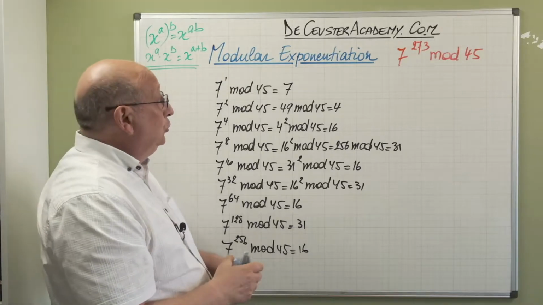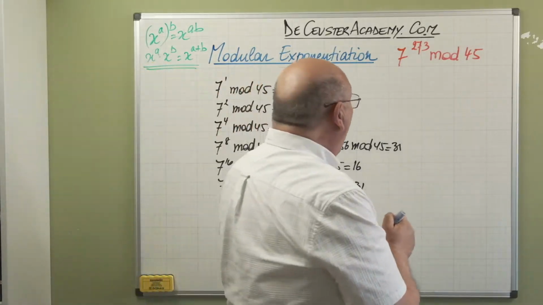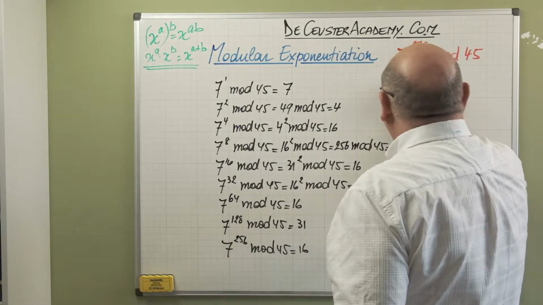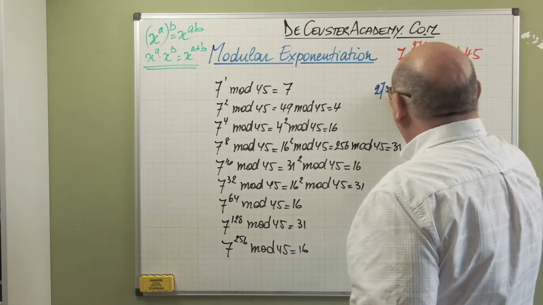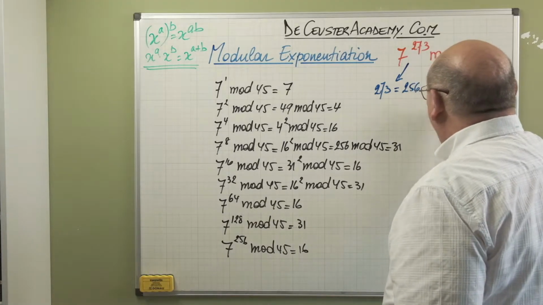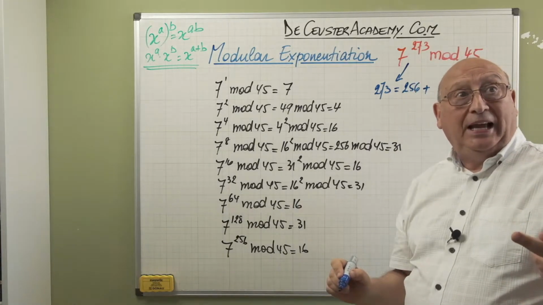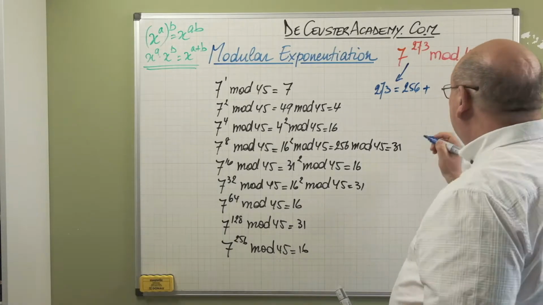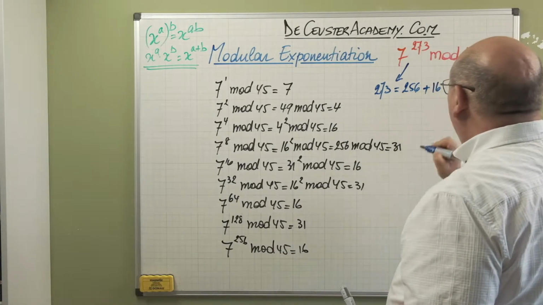Now we're going to use the rule of the powers, and we can say that 273 is equal to 256 plus 16 plus 1.